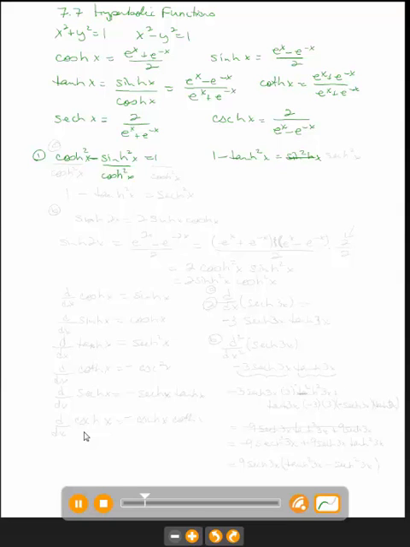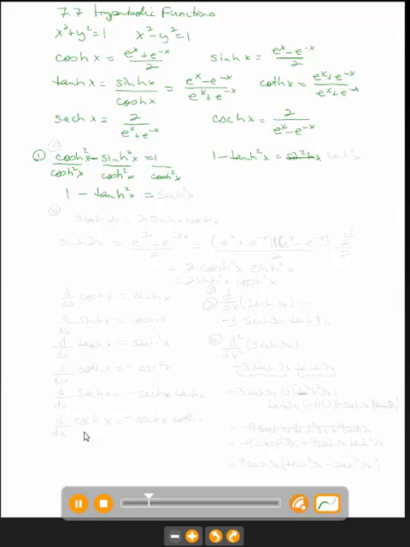So the first thing I'm going to do to get that identity is I need to get a 1 in the first slot and a tangent in the second spot. So if I divide everything by a hyperbolic cosine squared, I'm going to have the cosines cancel and I get 1 minus, oh, but hyperbolic sine over hyperbolic cosine is hyperbolic tangent.